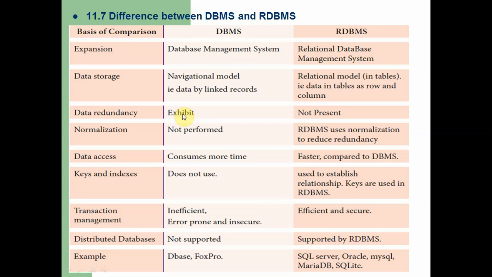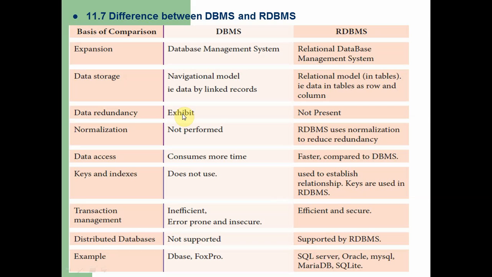Of course, in DBMS, data redundancy is used many times, but in RDBMS there is no data redundancy. Normalization is not performed in DBMS because it uses data redundancy, but RDBMS uses normalization. Normalization means checking the data, identifying the valid data and removing the unwanted data.